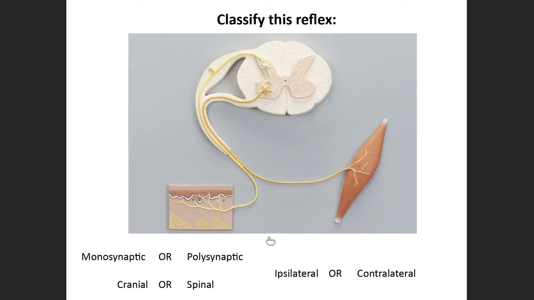So let's work together and we'll label it just to remind ourselves. We started down here in the bottom of the reflex with the part of a reflex arc that collects information. What was the name of the part of the reflex arc where we collected information? What was this area down here called?